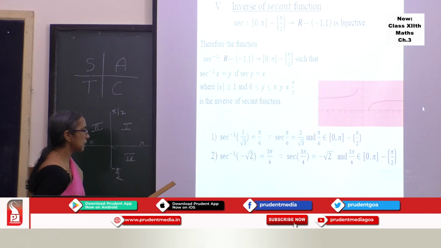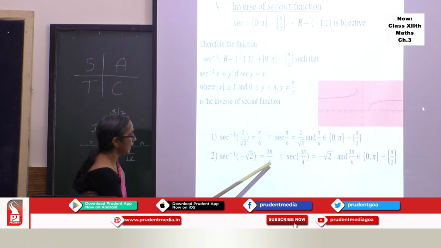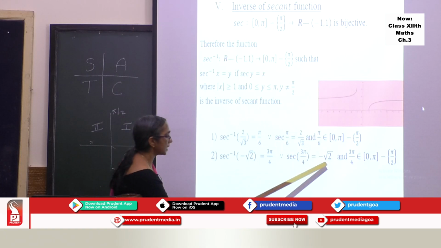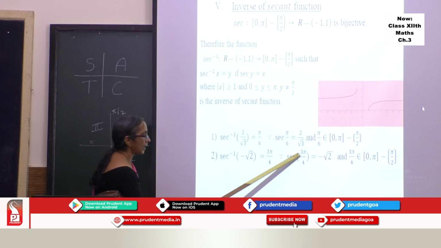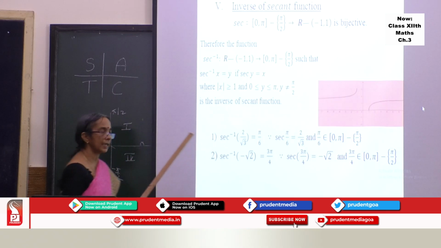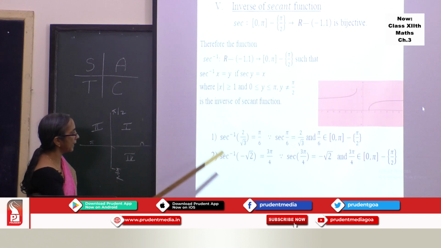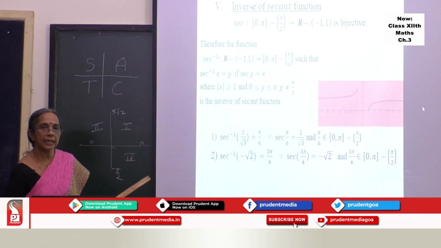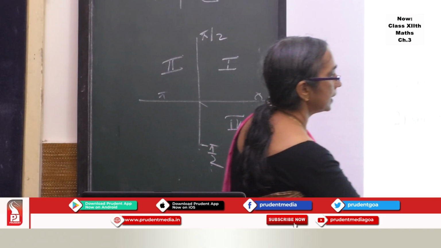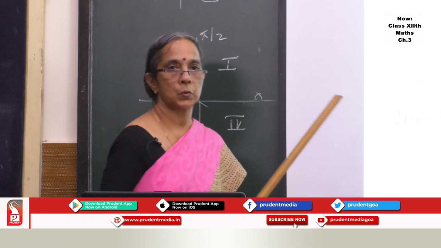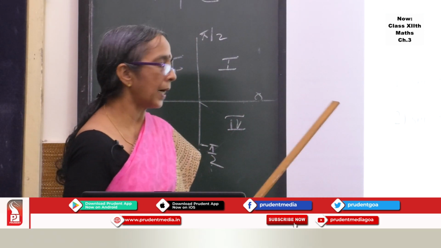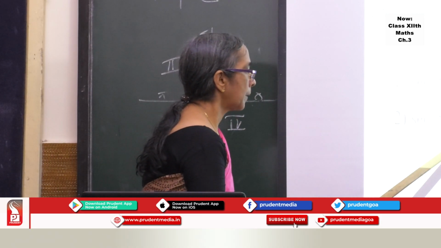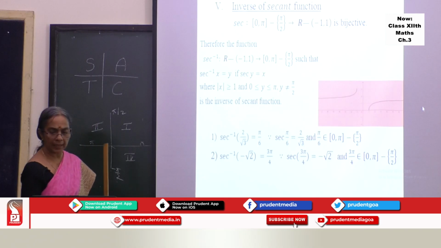Sec inverse of minus root 2 is 3 pi by 4, because sec of 3 pi by 4 is minus root 2. 3 pi by 4 is an angle in the second quadrant, pi minus pi by 4, and it belongs to the closed interval 0 to pi excluding pi by 2. Therefore, sec inverse of minus root 2 is 3 pi by 4.